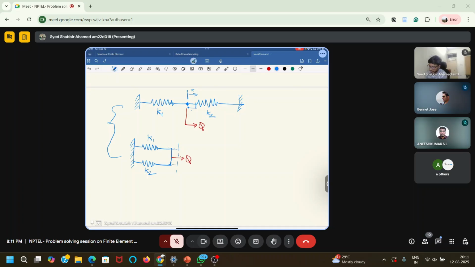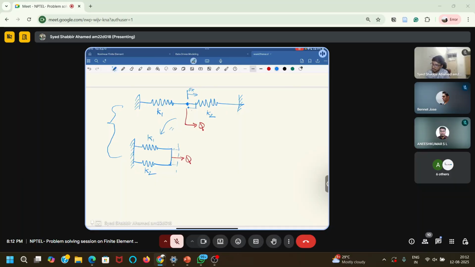Here both the springs are undergoing the same deflection, let's say that is x, or delta x. So you can say that these two springs are also connected in parallel, and this is equal to this. Both these systems are similar.